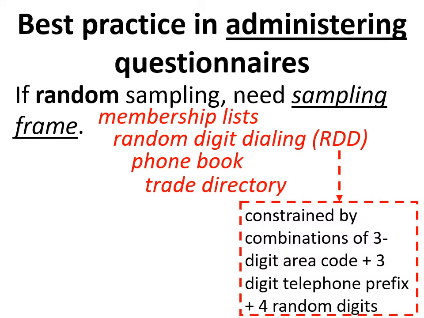And so for people interested in tourism studies, if you're interested in speaking with individuals who run a tourism-focused business, especially phone books and trade directories might be useful ways to identify your sampling frame.